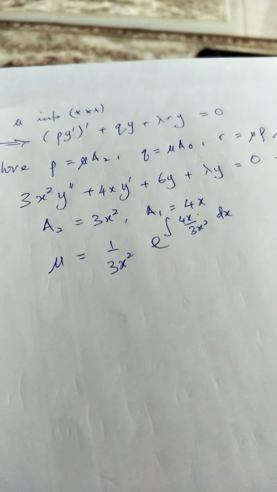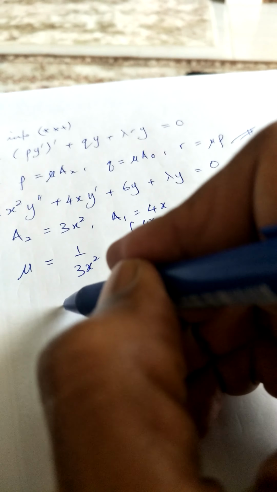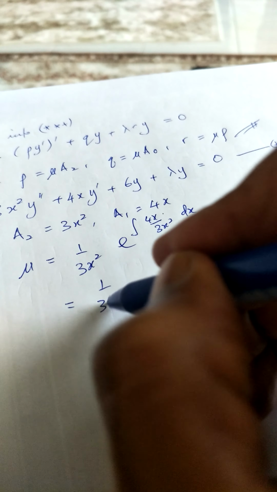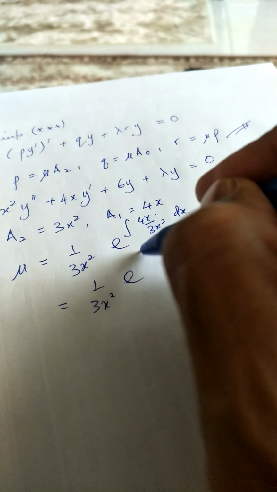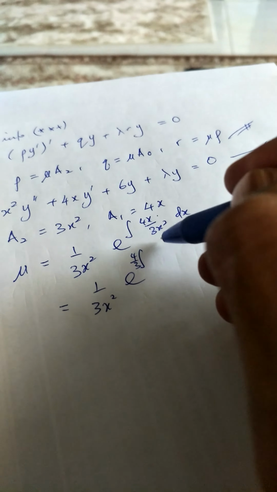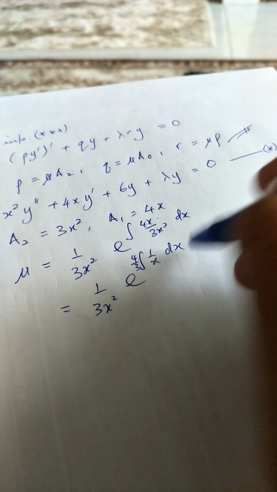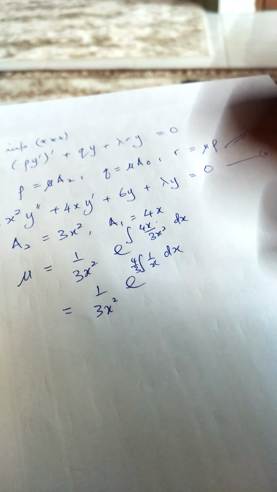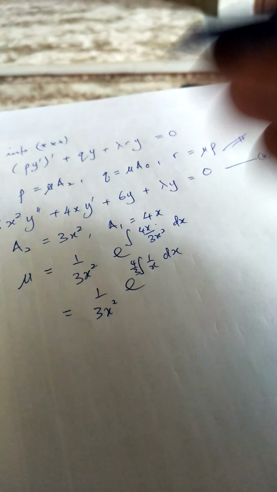Of course you can evaluate those things. So you have 1 over 3x squared e to the integral, and 4 over 3 you can take out, so 1 over x dx gives you ln x, e and ln x cancel out, and 4 over 3 becomes the power.